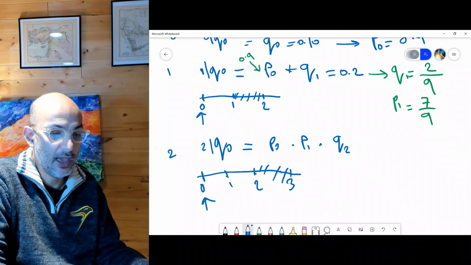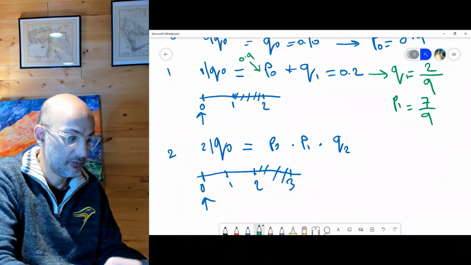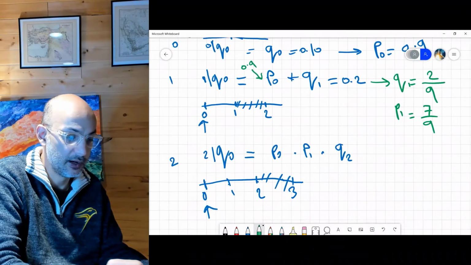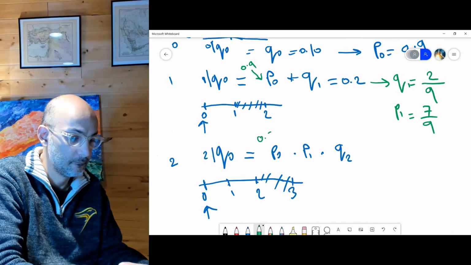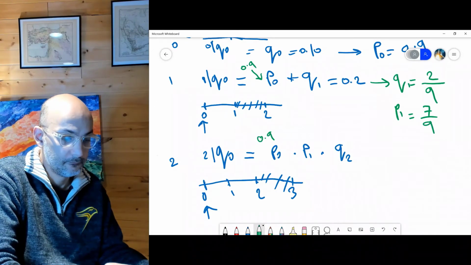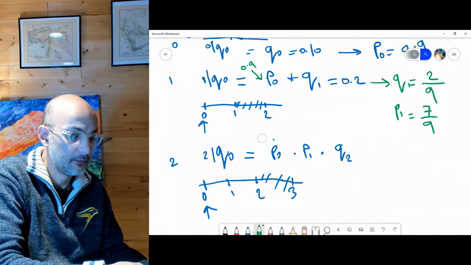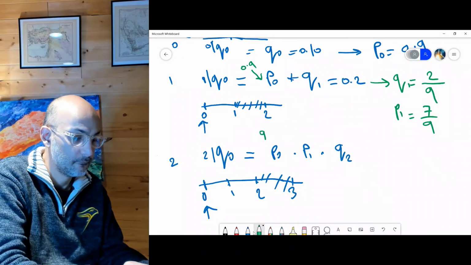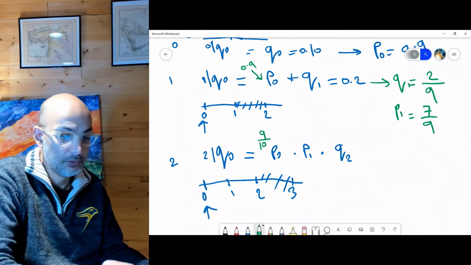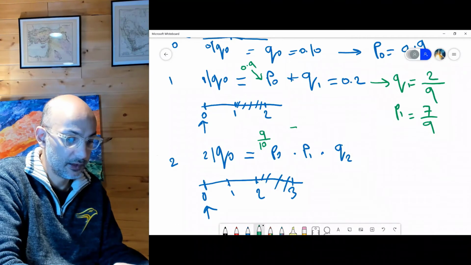But let's see what we have here. This one is 0.9, let's put it 9 over 10. P1 is 7 over 9.